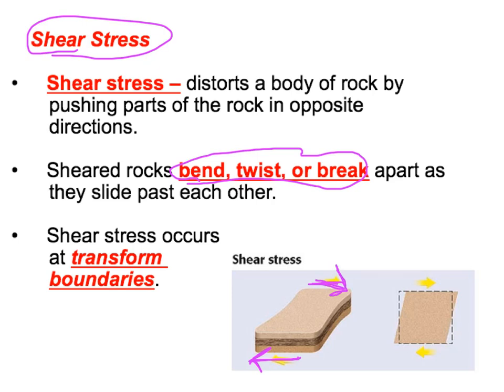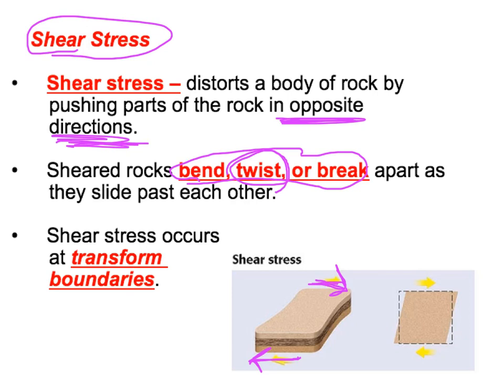So the rocks kind of bend, twist, and get pushed in opposite directions but not directly opposing, like not pulling away or pushing together, just opposite directions past each other, and it leads to mostly a bending or a twisting of the rock.